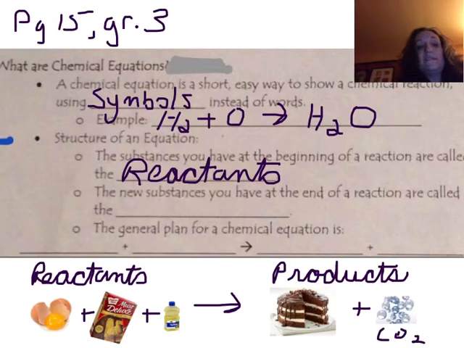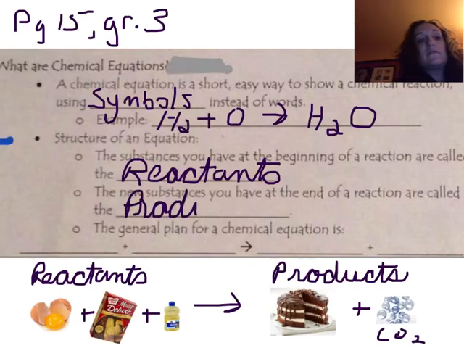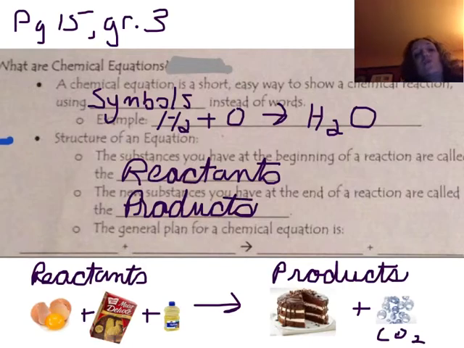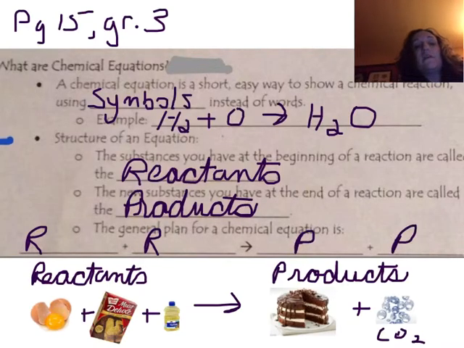The new substances that you have at the end of the reaction are called the products. So the general plan for the chemical equation is reactant plus reactant gives product plus product. And I gave an example down at the bottom here that's, again, not in your notes unless you want to draw it in.